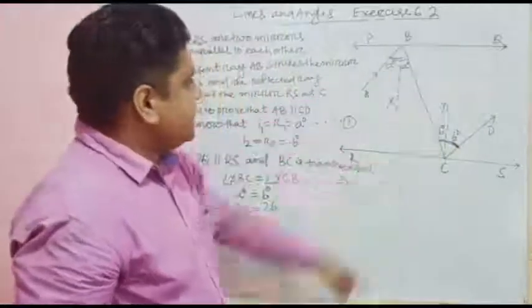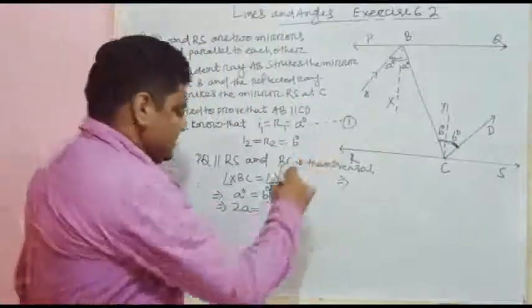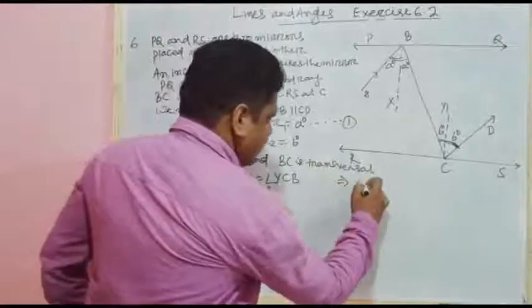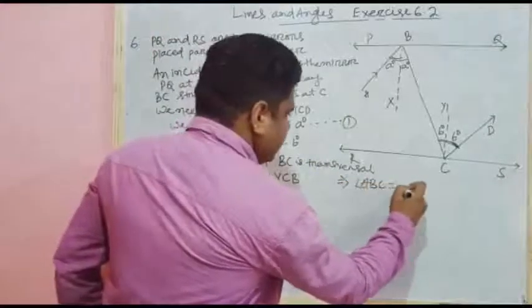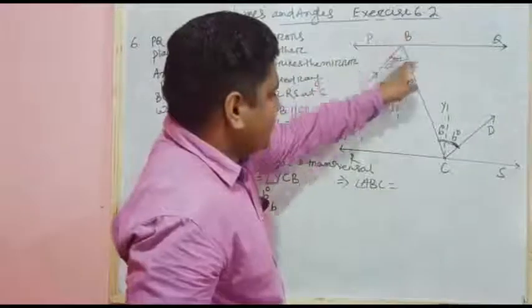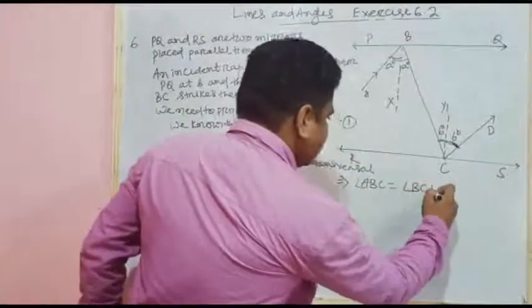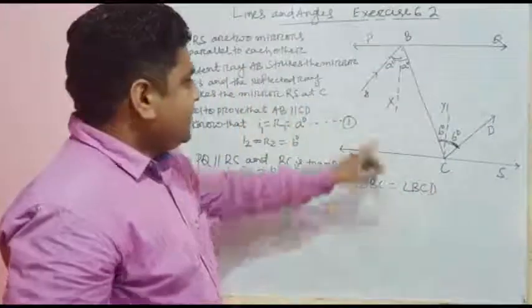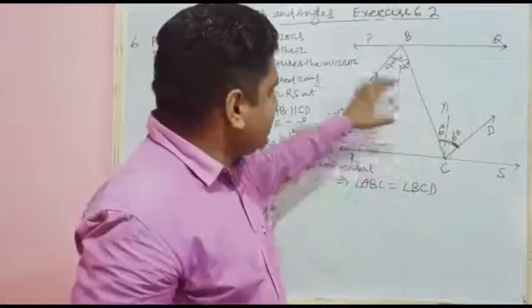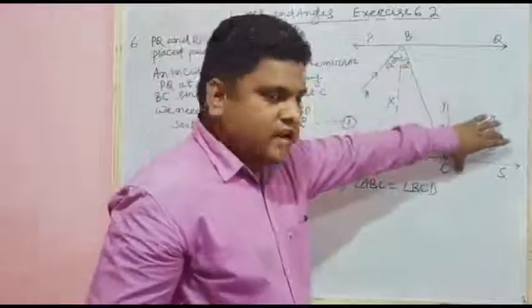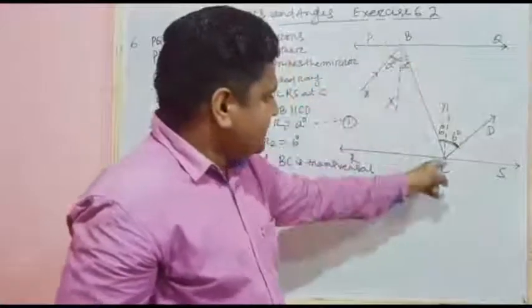So we can write here angle ABC. This implies that angle ABC is equal to angle BCD. See here, angle ABC and angle BCD. AB and CD are two lines, and BC is the transversal.